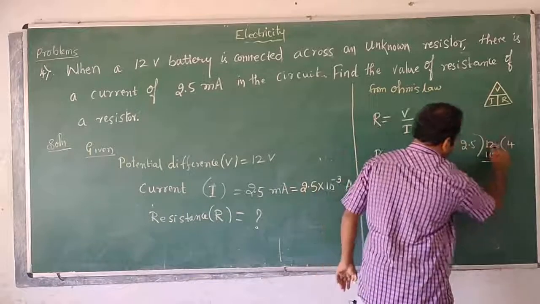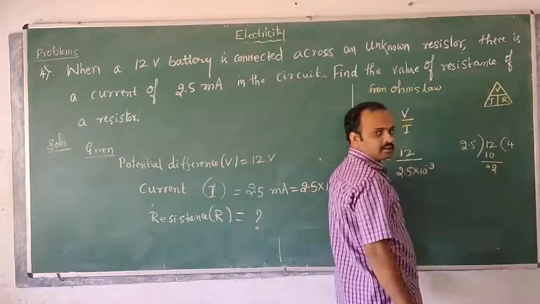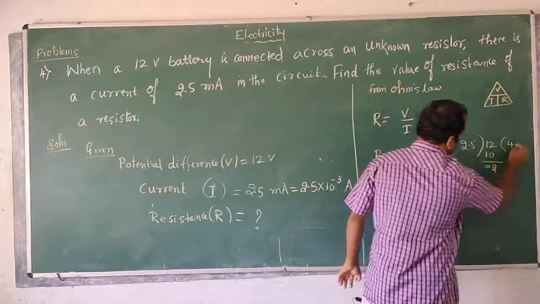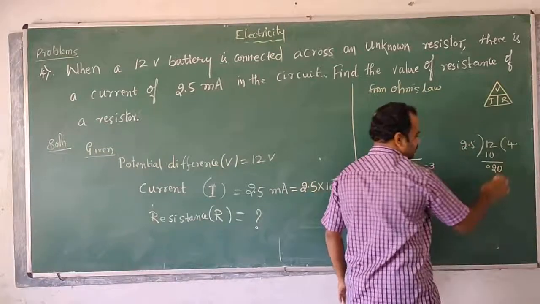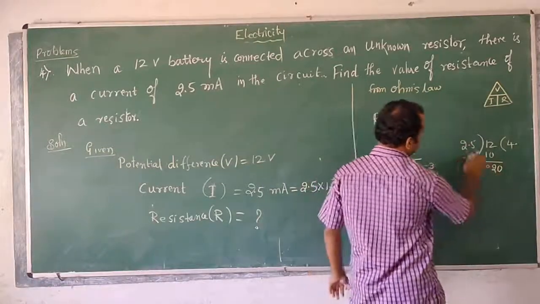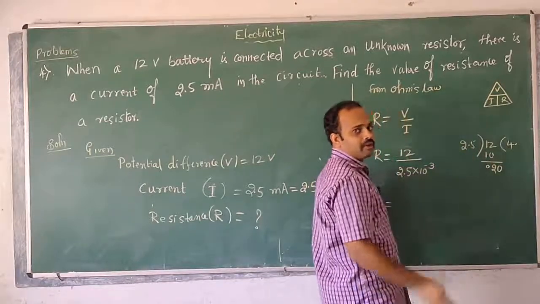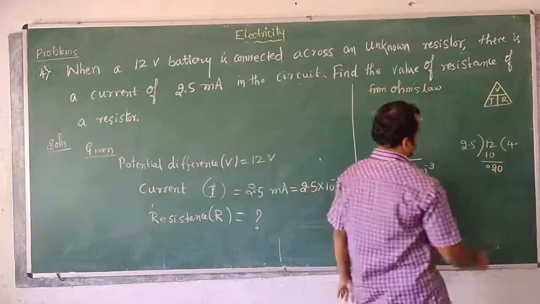What will you get? 2, which is a smaller number compared to 2.5. You put a point here and it becomes 20. 2.5 into 8 is 20.